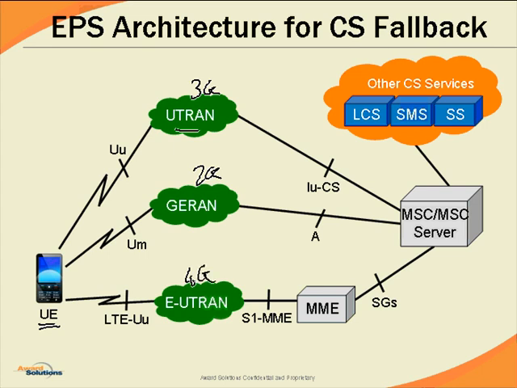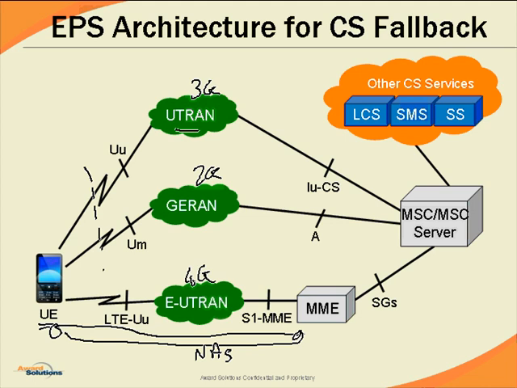So when we are talking to LTE technology, then we have connections between UE and MME, that is non-access stratum signaling connection. The air interface could be any 2G, 3G or LTE interface.